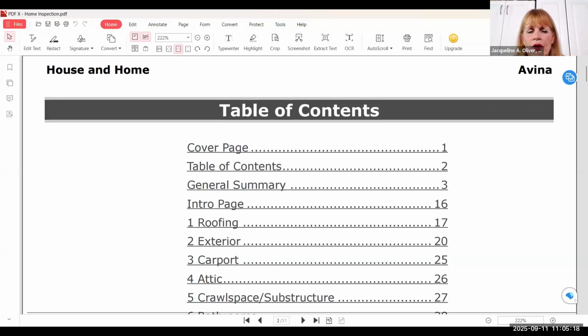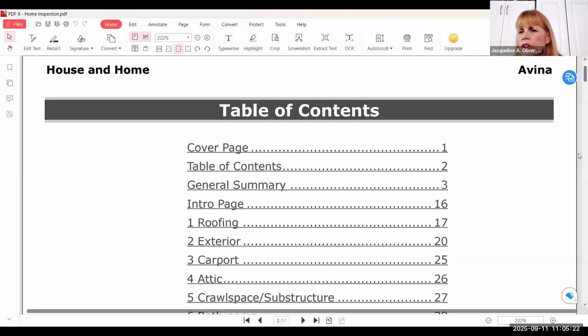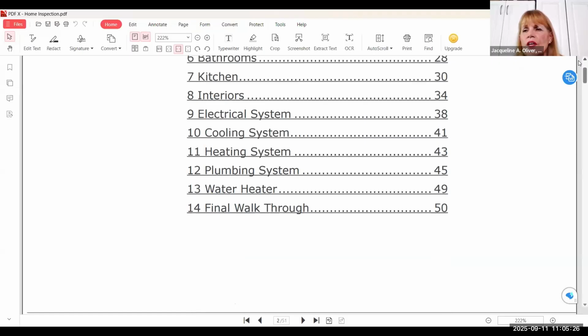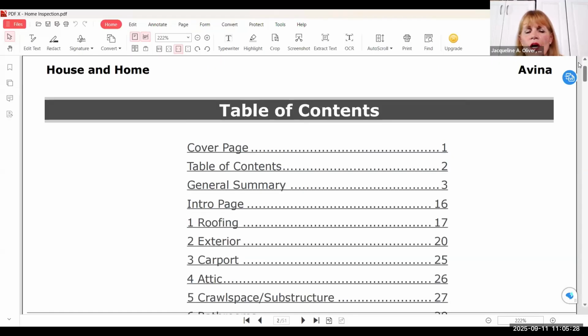So we're looking at the table of contents here and let me see if I can go down a little bit. Okay, and you can see all the areas that I pointed out before. Roofing, exterior, I don't know if I mentioned hardscape. Hardscape would be like those little retaining walls or planters or decks that are made out of flagstone or made out of wood decking.